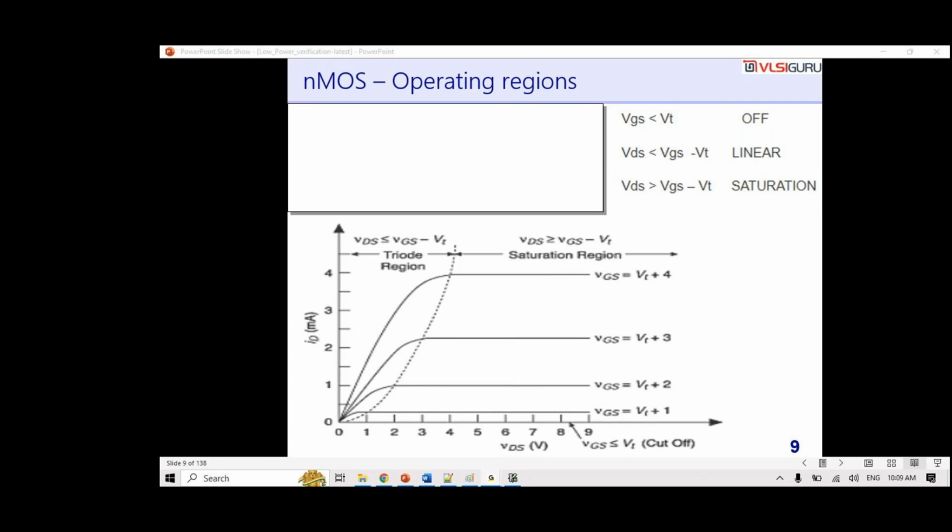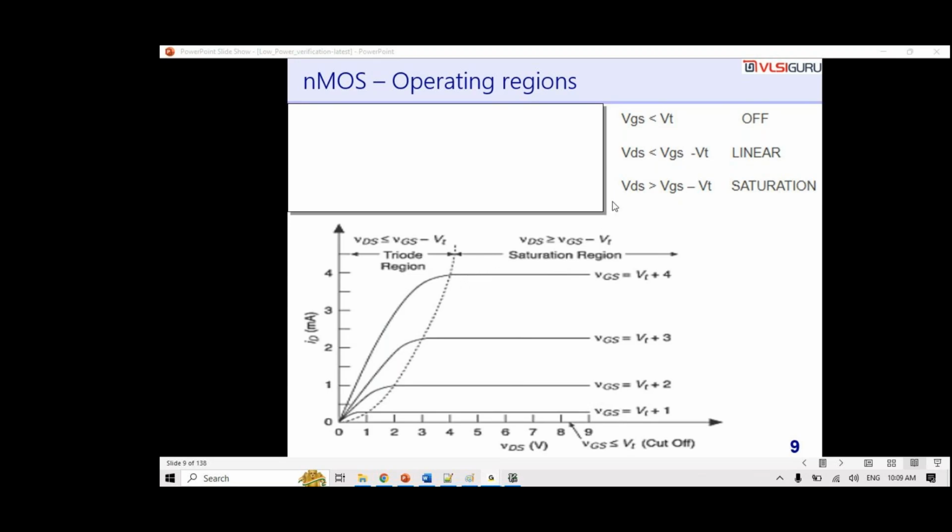In the linear region, the current increases linearly, a kind of straight line relation. At this point, and this point, things get saturated, because beyond that, even if you increase the drain to source voltage, the current will not increase further.